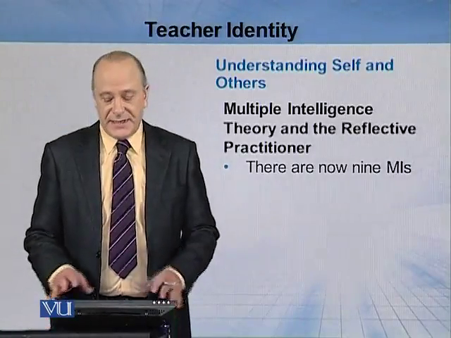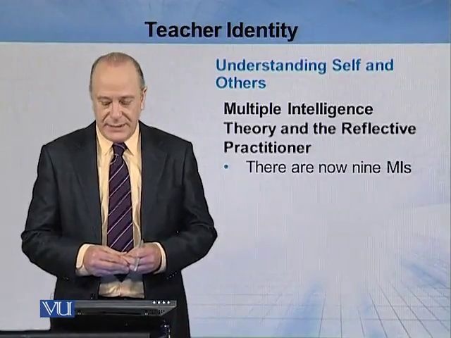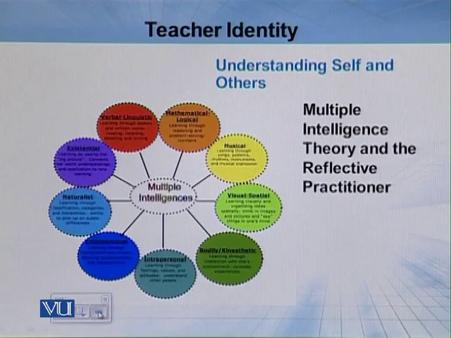In terms of understanding self and others, we can use multiple intelligences theory, and there are 9 multiple intelligences, as we've seen. All of these come together to help the reflective practitioner reflect and develop their reflection skills.